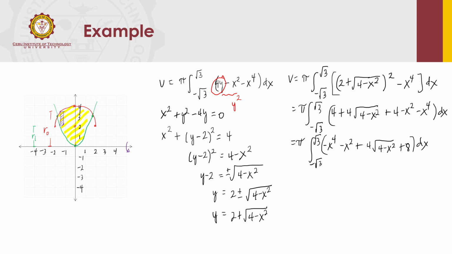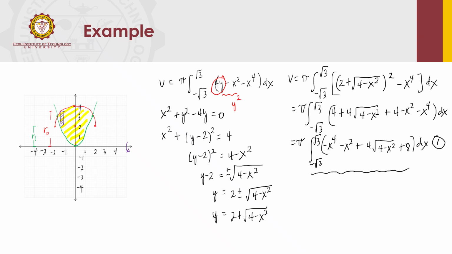For these terms, you can integrate them directly, but for this one term, we're going to use trigonometric substitution. So 4 square root of 4 minus x squared. So solve this separately, and then go back to this step, label it as 1.